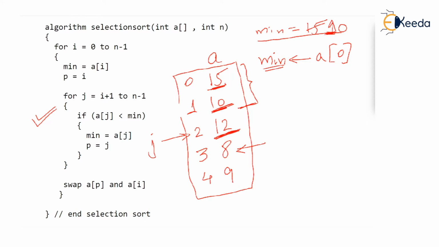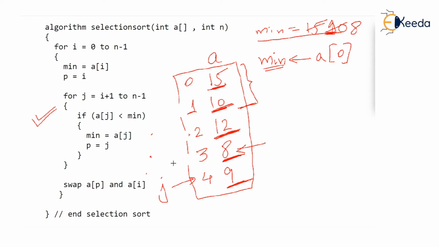And now we will increase j and j will become 3. We will again ask, is aj, that is 8, less than min? Yes. So min will get updated to 8. We will then increase j and we will check, is this aj 9 less than minimum?